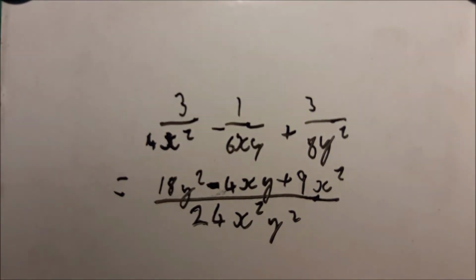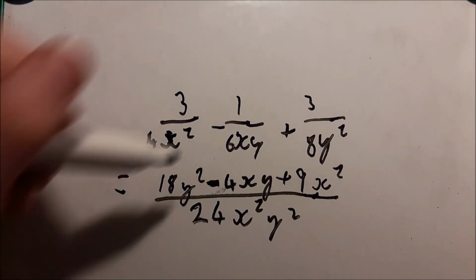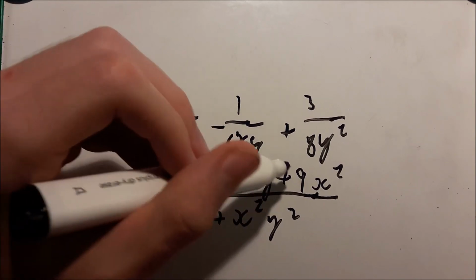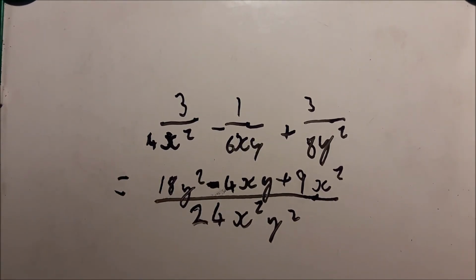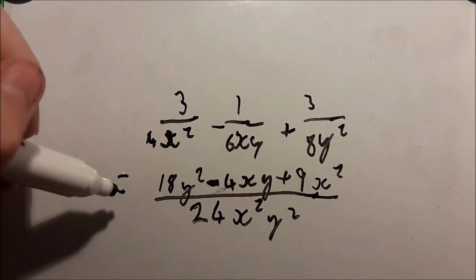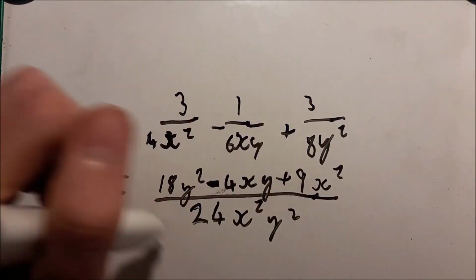If you take a look at this, we have no common terms, and we can't divide it because of the minus and plus operators in the top part of the fraction. So basically this is our simplified version.